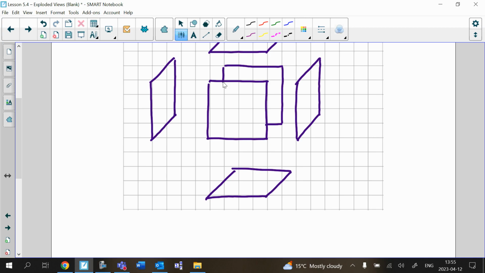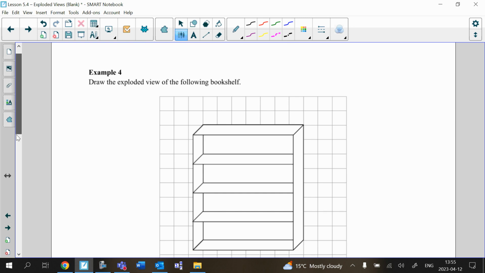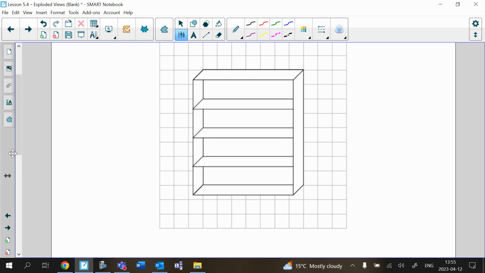So here's our bookshelf. Why don't we start with the top one? Top's usually safe. We could start with the top and the right because we can see all of those. So if we do that, what do we got?